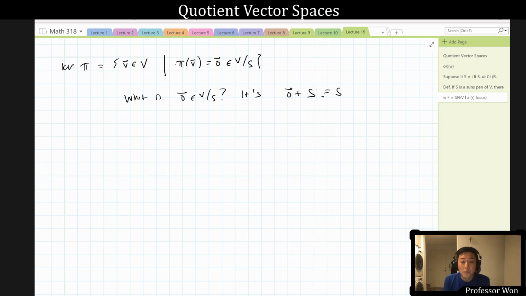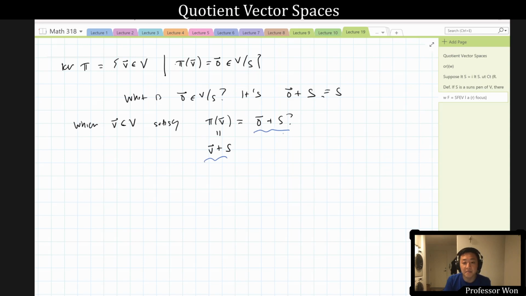Now, which vectors in V map over to 0 plus S? So which v in V satisfy pi of v equals 0 plus S? Well, this is exactly the plane v plus S. So what does it mean to say that v plus S equals 0 plus S?